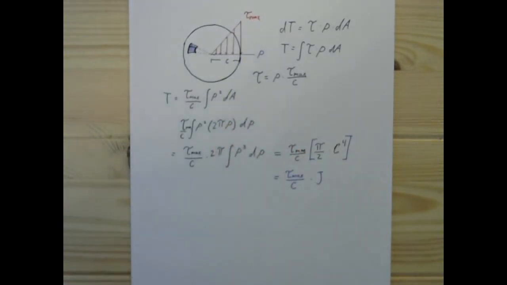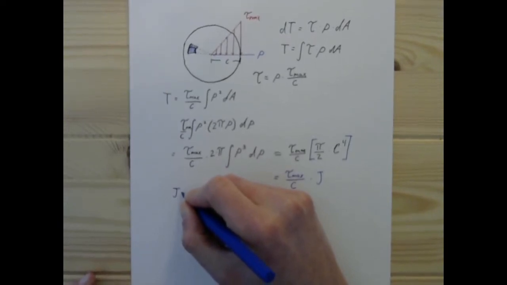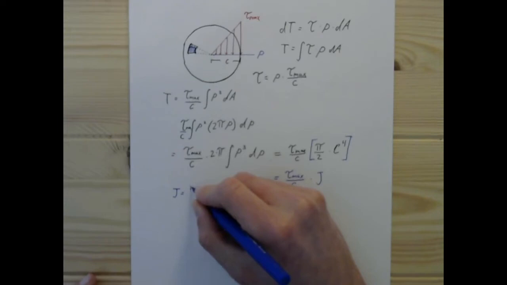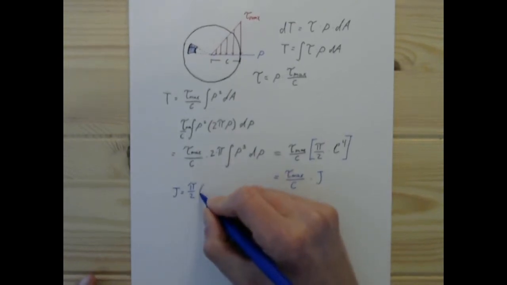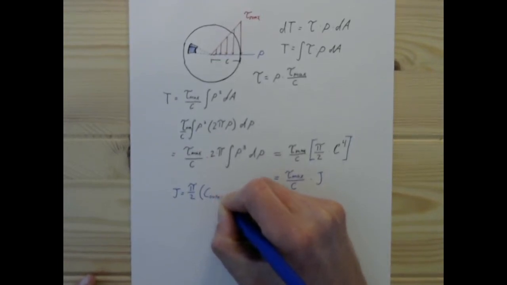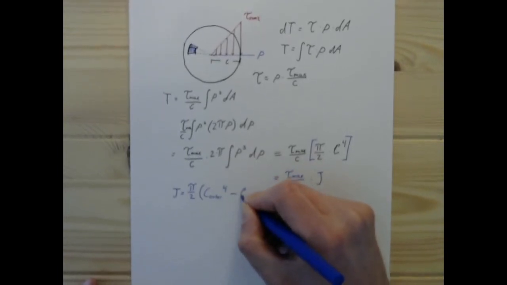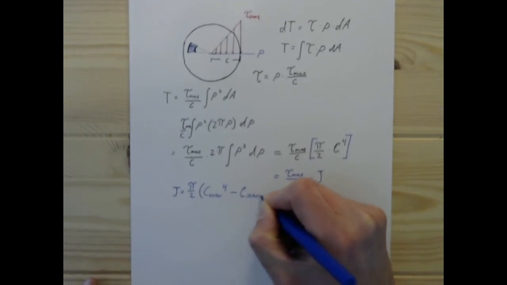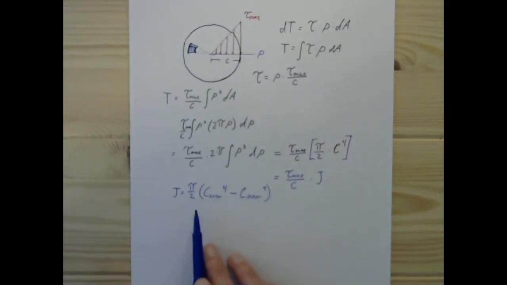The result is exactly all the same stuff, except we can write down a more general case of our polar moment, J, which is equal to pi divided by 2, that part's safe, times the outer radius to the 4th minus the inner radius also to the 4th. So this is going to be used rather frequently.